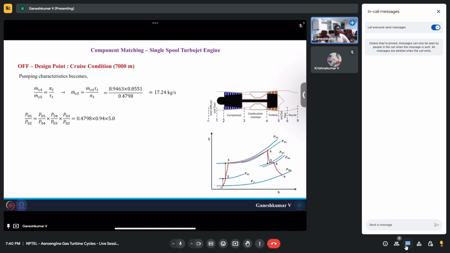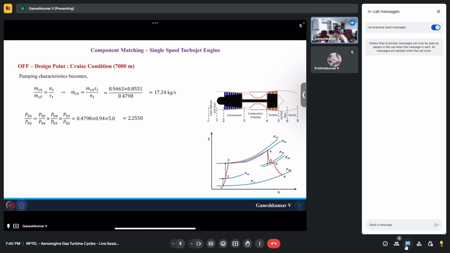And P05 by P02 is also one of the pumping characteristics for the gas generator part of the whole engine. That again you can find out by multiplying subsequent pressure ratios across the compressor, the combustion chamber and the turbine. You can find it to be 2.2550.